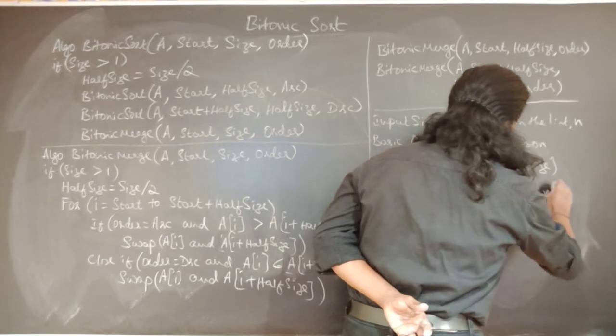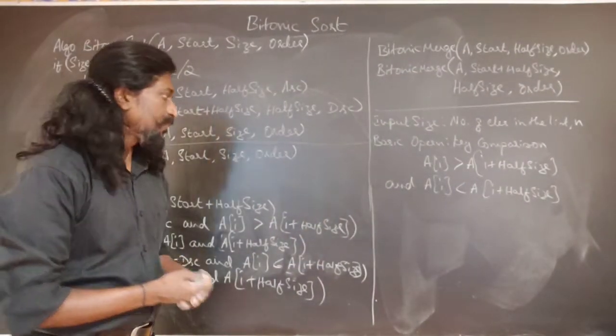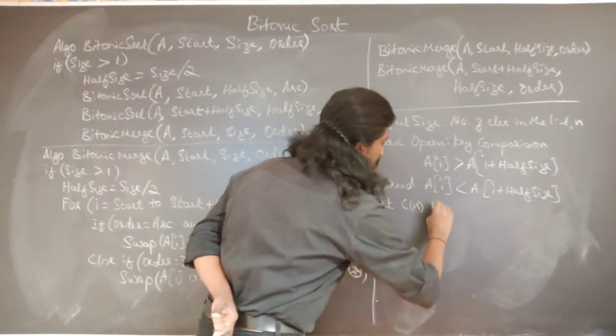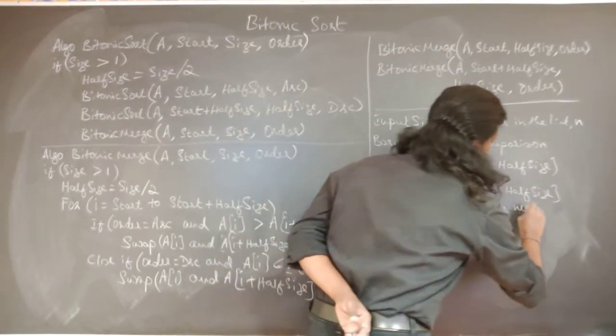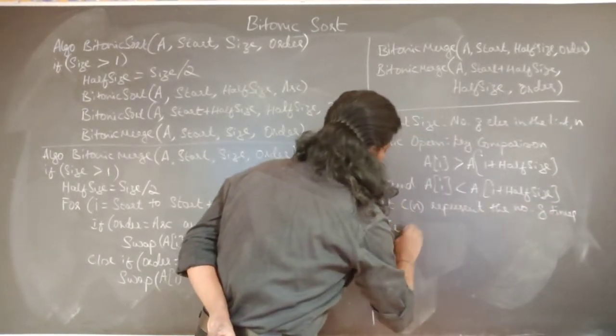Those two key comparison operations will be our basic operation. Next, let C of n represent the number of times the key comparison operation is performed.